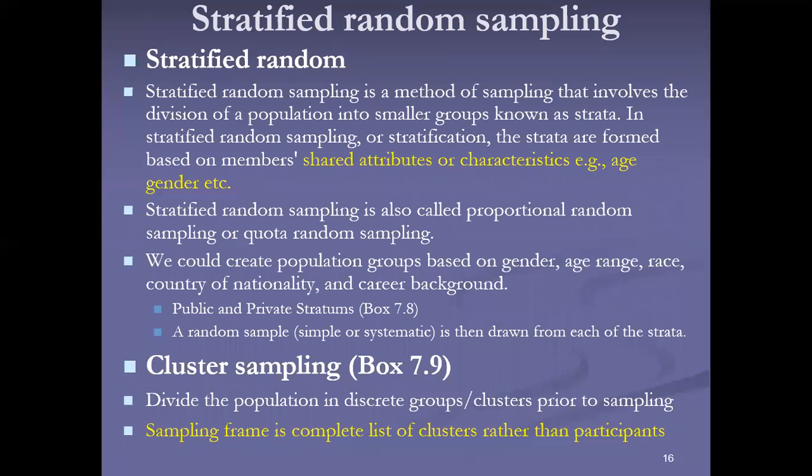Stratified random sampling is also called proportional random sampling or quota sampling. We could create population groups based on gender, age range, country, nationality, or their career backgrounds. Then public or private random sampling or systematic sampling is drawn from the strata.